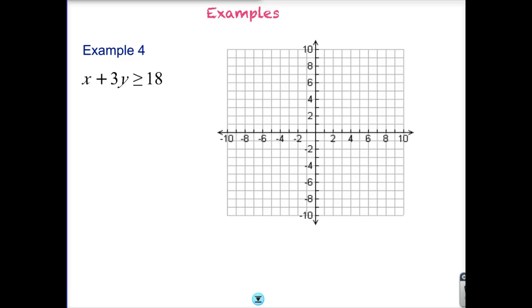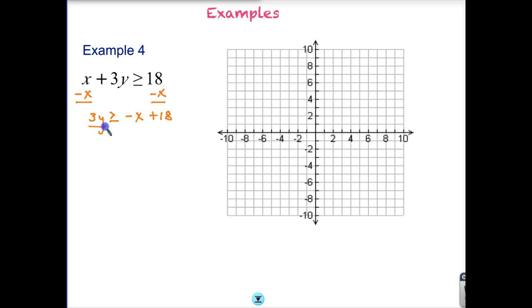Again, we have a problem that is not in slope-intercept form, but we know how to convert that. We would need to move the x to the other side by subtracting it. And we are left with 3y is greater than or equal to negative x plus 18.